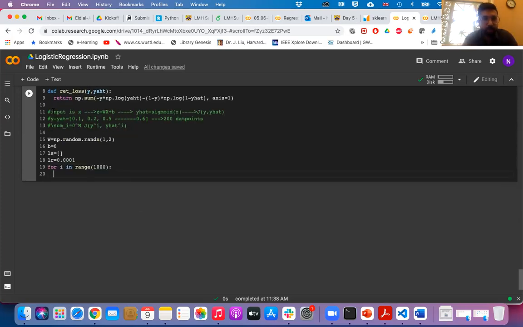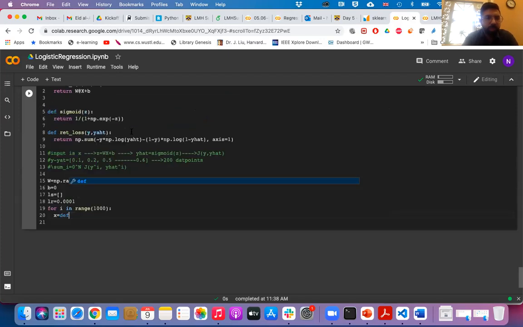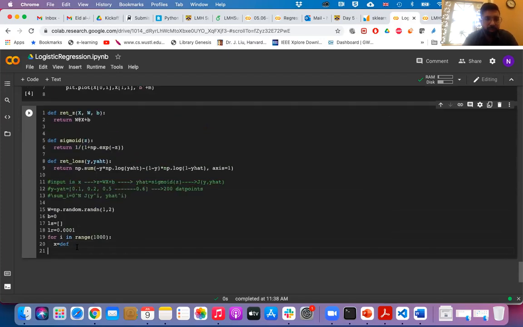Like I said, we have to take our input through this part first. So z would be return_z, and it takes in X, W, and b.